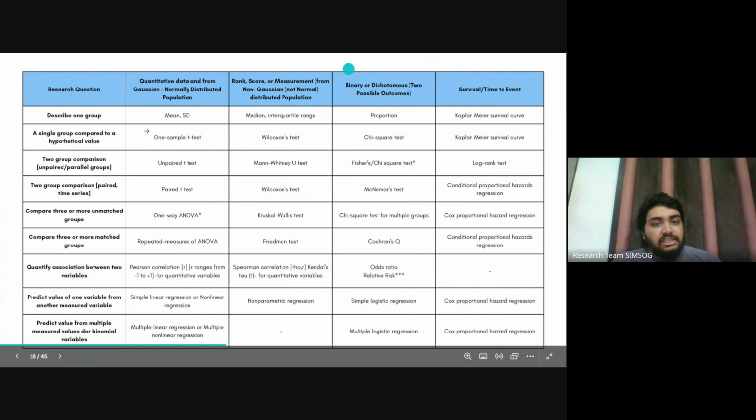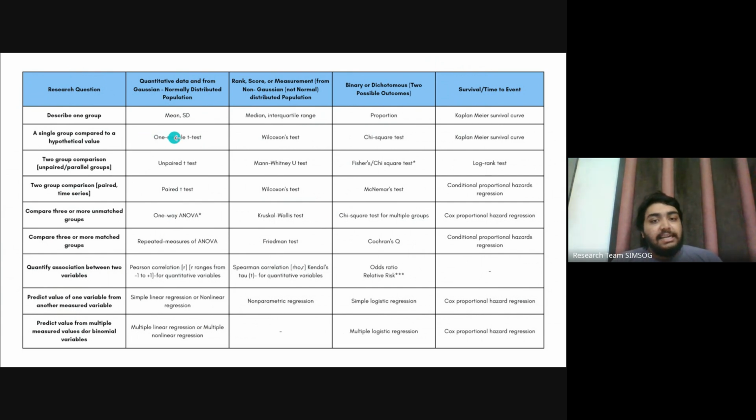Doing that you can find out your proper test. So here you can see one sample or paired t-test has its non-parametric counterpart as Wilcoxon. Unpaired t-test's non-parametric counterpart is Mann-Whitney U test, and so on and so forth.